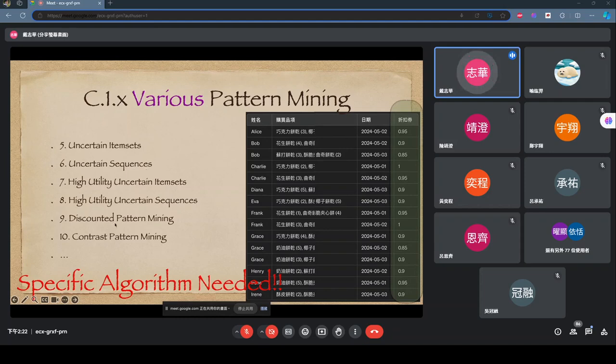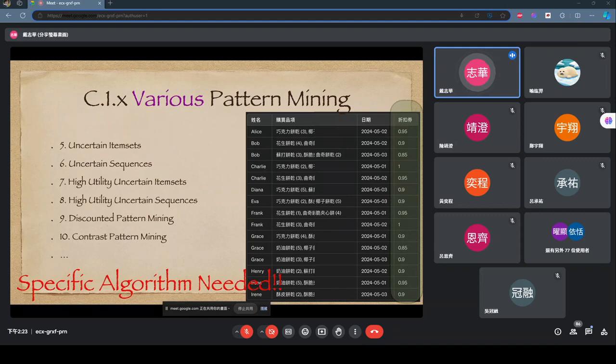And I am very interested in consumer psychology. So I also pay attention to discounted pattern mining. It means I'm interested in what kind of discount promotion strategy would boost the customer behavior in their shopping. Discounted pattern mining. And also contrast pattern mining. Contrast pattern means it frequently happens in one group, but not in the other group.